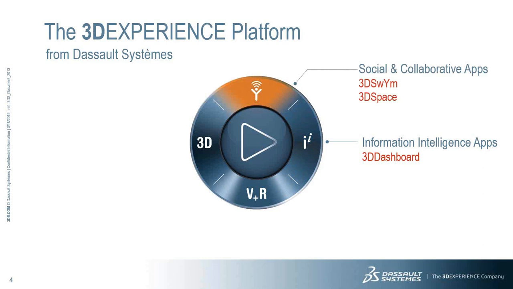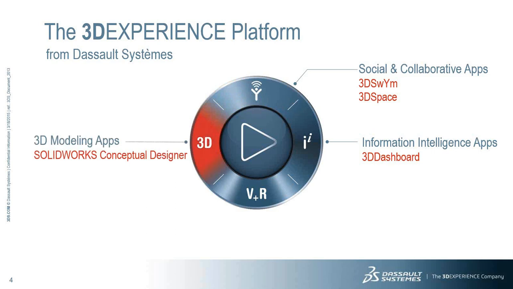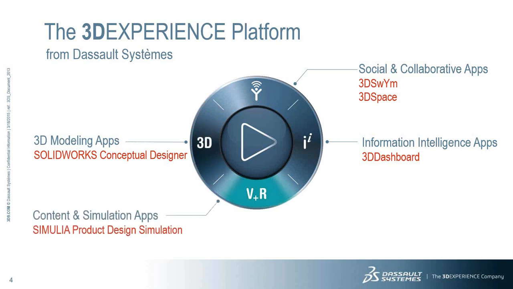The top of the compass is how I would get to my social or collaborative applications. A product called 3D Swym, which is a community-based place to talk about your products or projects. The 3D is where we get to the SOLIDWORKS Conceptual Designer, and then at the bottom we have simulation apps provided by Simulia.